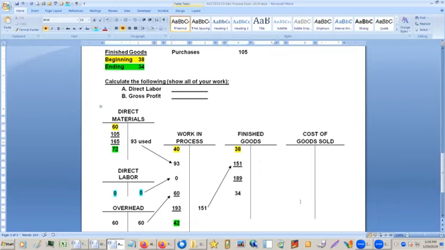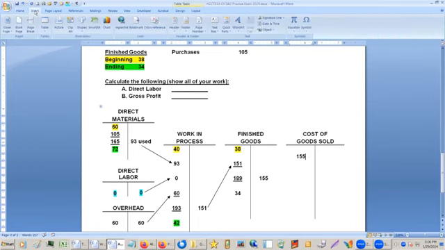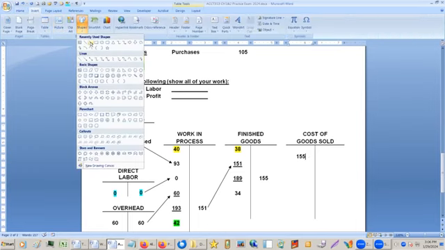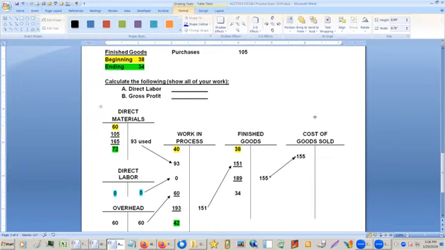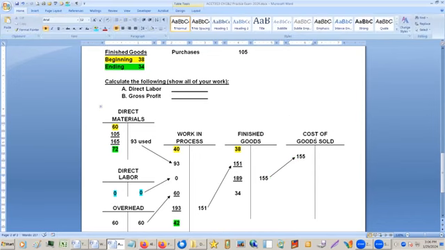So 189 minus 34. 155. Now I know that that number is wrong, because this is 185 without direct labor.